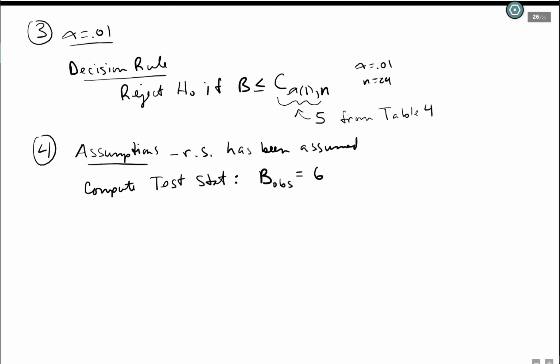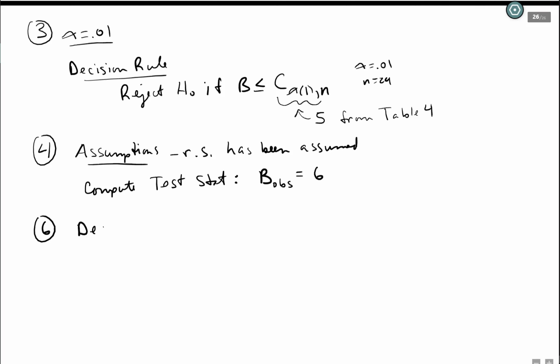There were 6 values bigger than 20. So we use that now to make a decision. Is 6 less than or equal to 5? No, it's not. So we don't have enough evidence to reject the null. Our B is not small enough to reject the null. And so we are going to fail to reject the null.